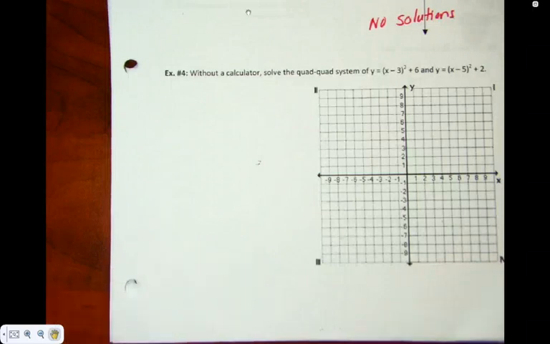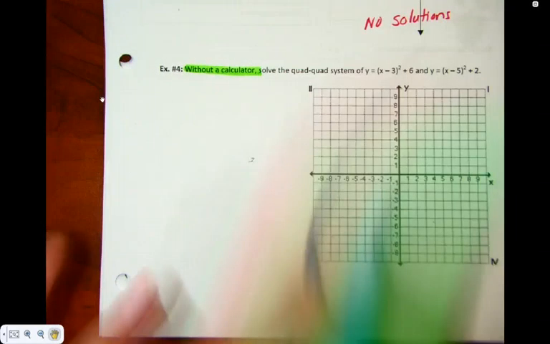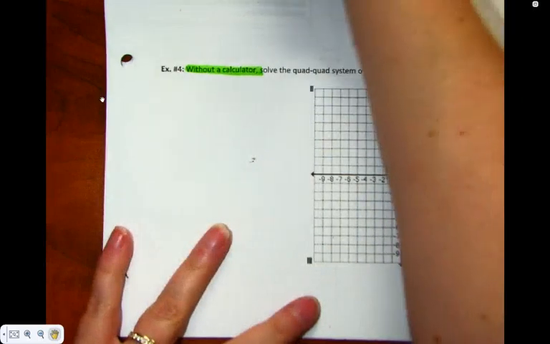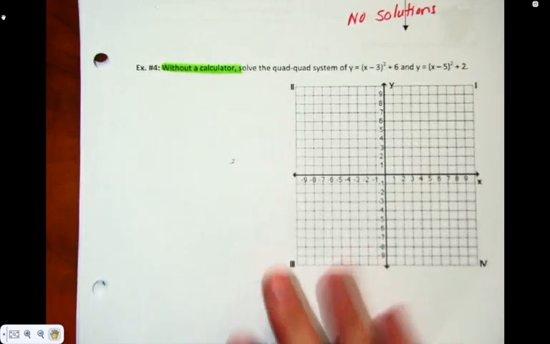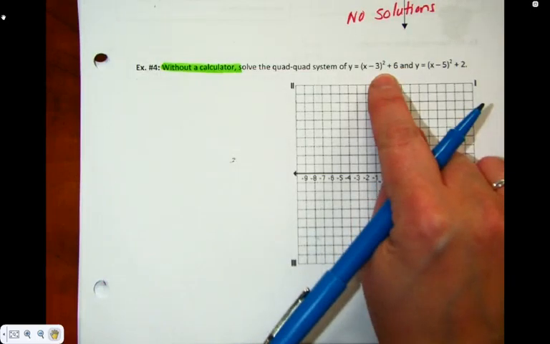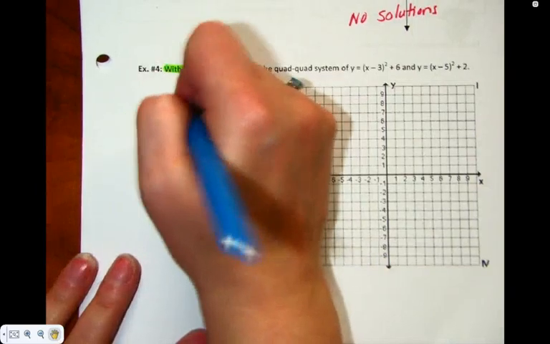Let's practice one without the calc, so we'll do a quad-quad. Thoughts? So you know enough now that you're probably happy when you see this form like I am. You're like, yes, no completing the square, no work to do. Vertex for the first one.